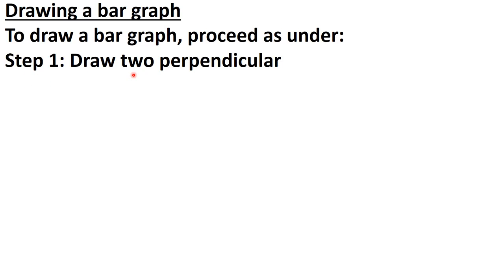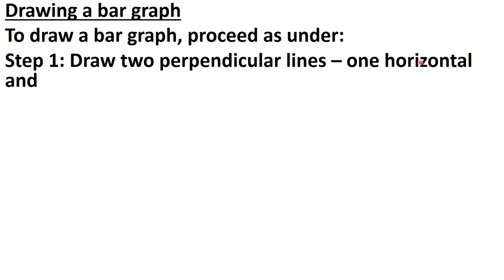Now drawing a bar graph. How we will draw the bar graph? For this, first of all, you know the rules of that. Steps. To draw a bar graph, proceed as under. First step, draw two perpendicular lines, one horizontal and the other one vertical, in the shape of L. Like this.